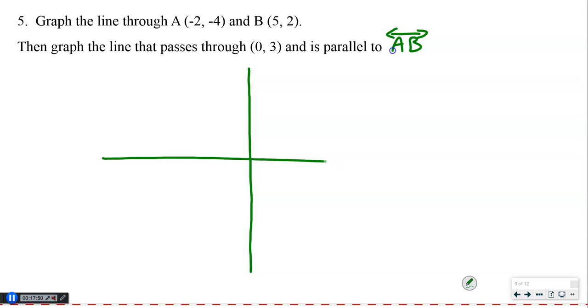So I'll draw my graph. We have a point at negative 2, negative 4. So at negative 2, negative 4, our point would be right there.